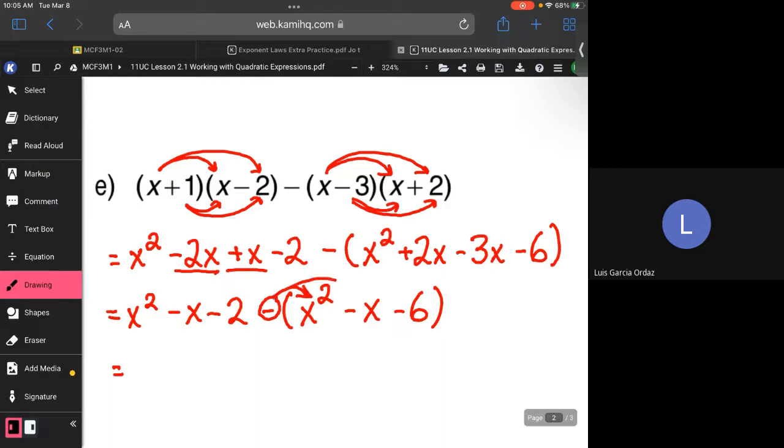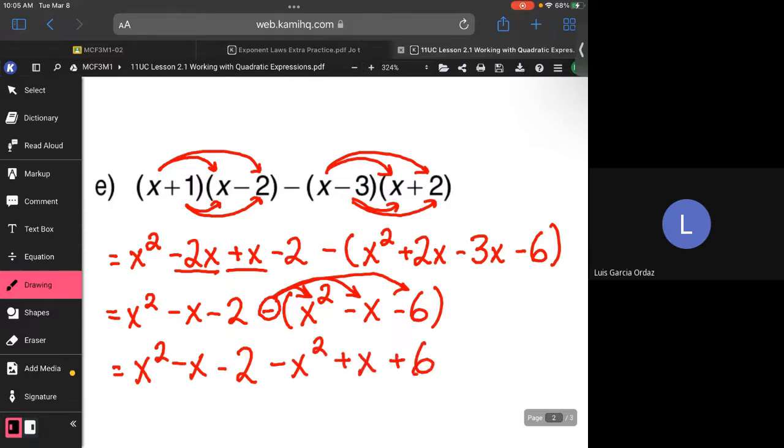It changes the sign. Okay? So my positives become negatives and my negatives become positives. Why does that change? Because I'm multiplying by a negative. That's why. Okay. So I got x squared minus x minus 2 minus x squared plus x plus 6.